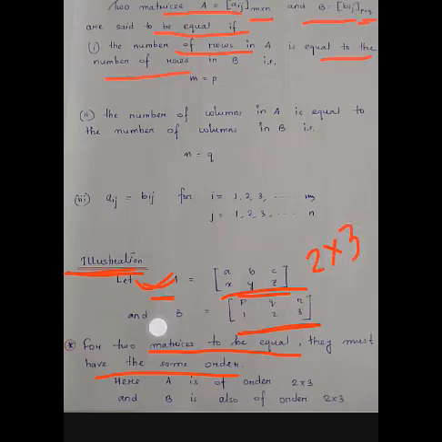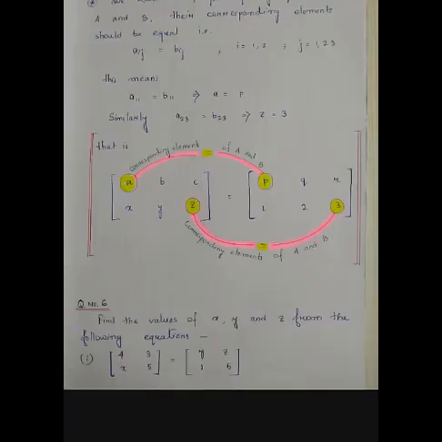Am I right? And matrix B is of order 2 by 3. So both are of the same order. Therefore, these two matrices can be equal. I mean, the first two conditions are satisfied here. The orders of both A and B are the same, therefore the first two conditions are satisfied.